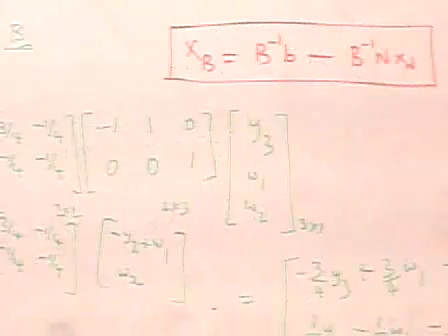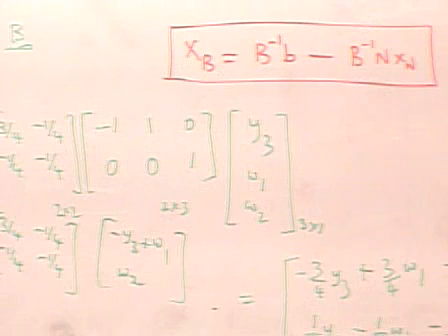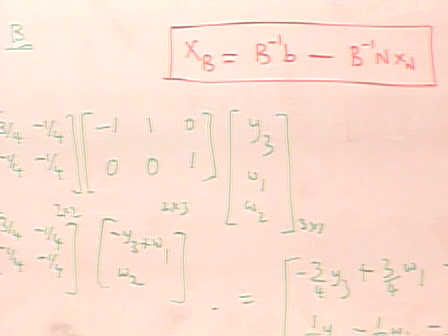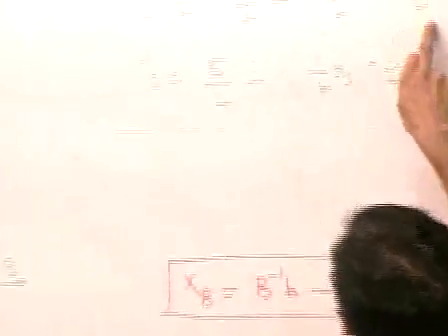Okay. Hopefully they're okay. So you have Y1 equals negative 3/4 plus 3Y3 over 4 minus 3W1 over 4 plus W2 over 4.